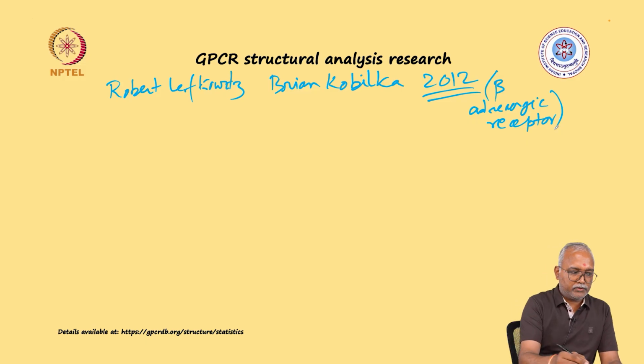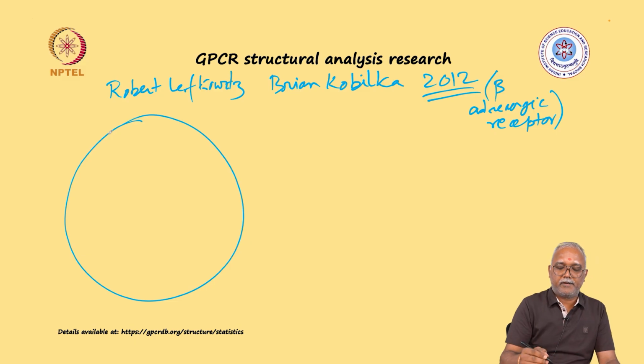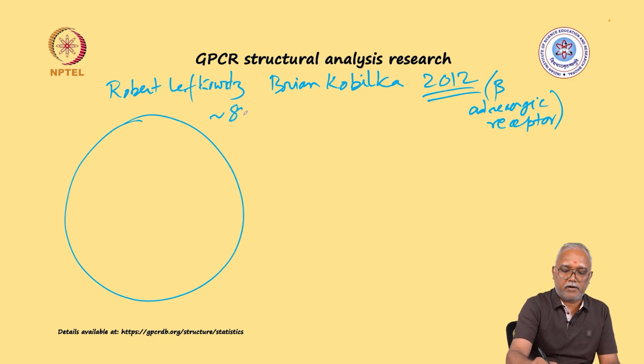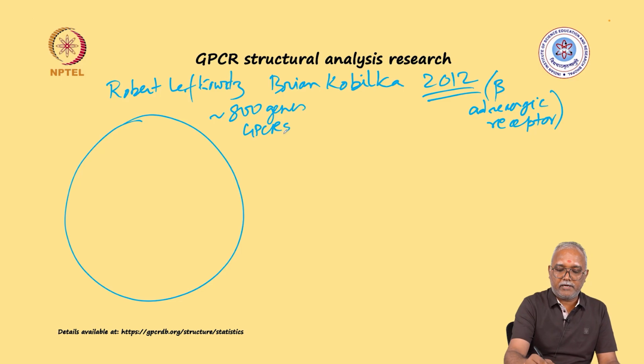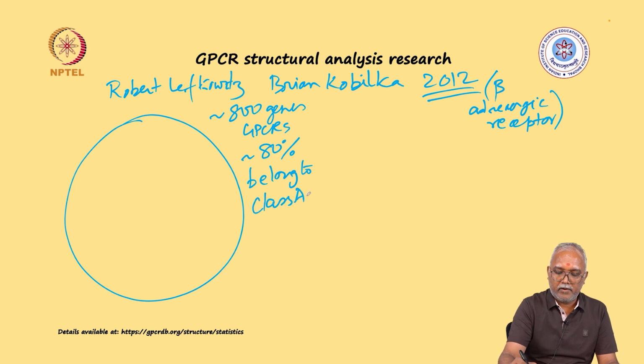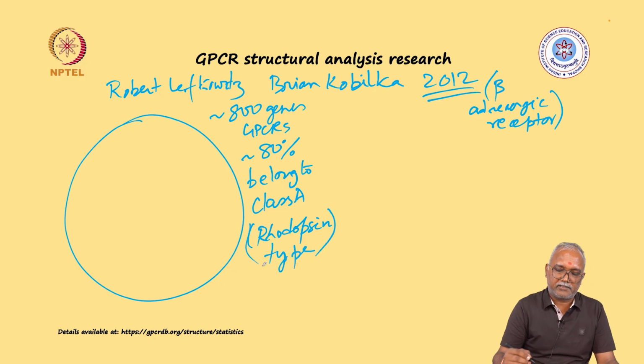So if you just look at the type of receptors which are present, out of 800 or more genes which are coding for GPCRs, almost 80% belong to class A, which is rhodopsin type, which is involved in light perception.